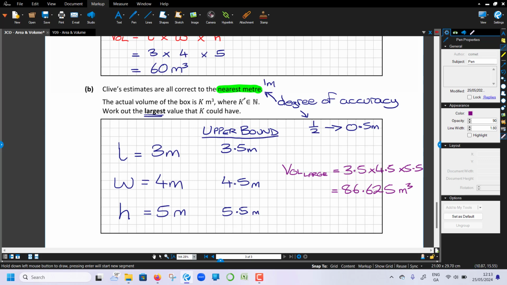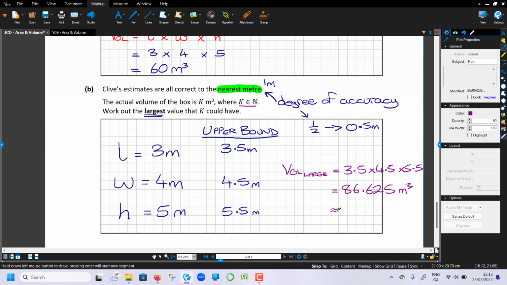meters cubed. Now, we're told it has to be a whole number because K is an element of the set of natural numbers. So it has to be a whole number. Well, it can't be 87 because we're told this is the absolute maximum that it can be. So the nearest whole number that this could be is 86.